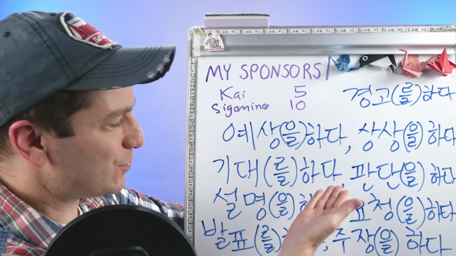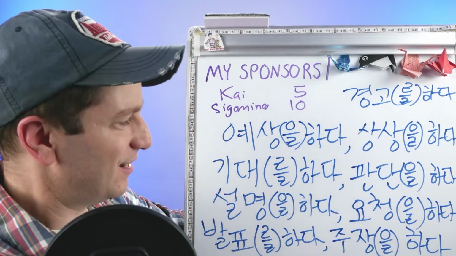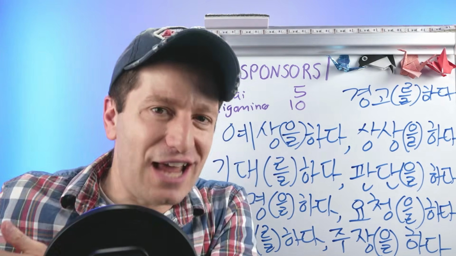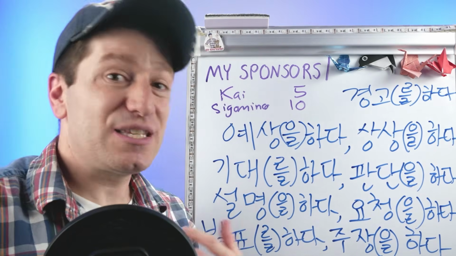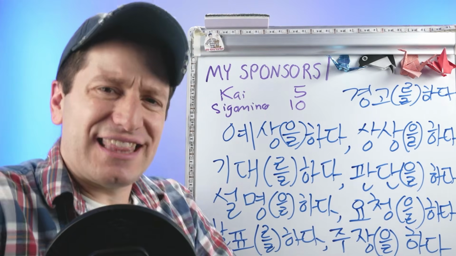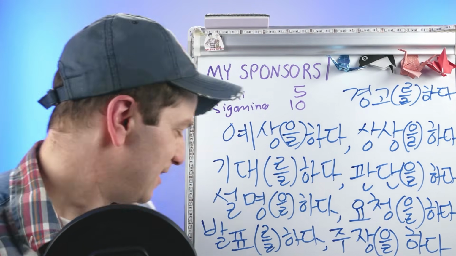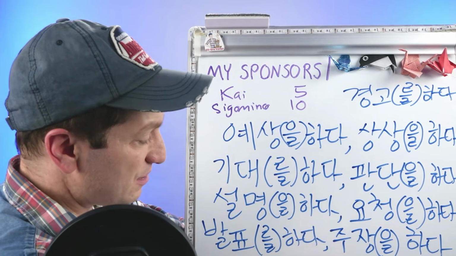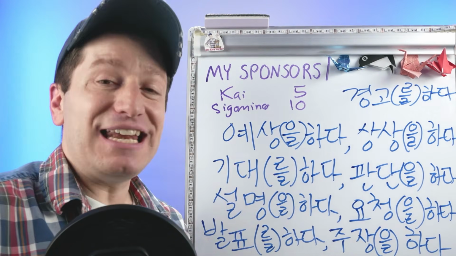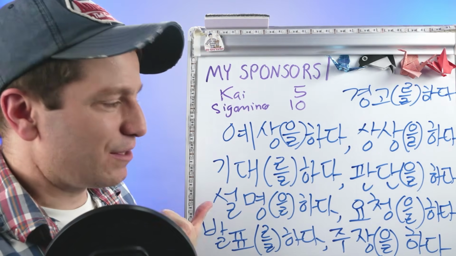Yeah, I was looking forward to. I was expecting that would happen. 판단하다, to judge that. They judged that it should happen. 설명하다, to explain that. 요청하다, to request. I requested that they don't do that next time. 발표를 하다, to announce something. Or 주장하다, to claim that. So there are many more of these, but these are just some of the most common.